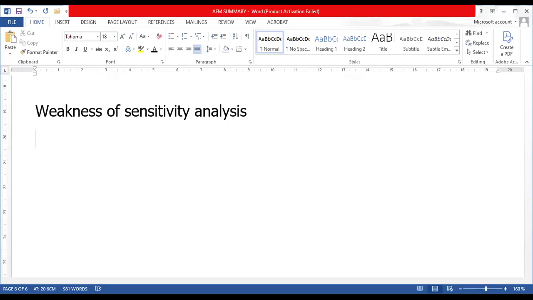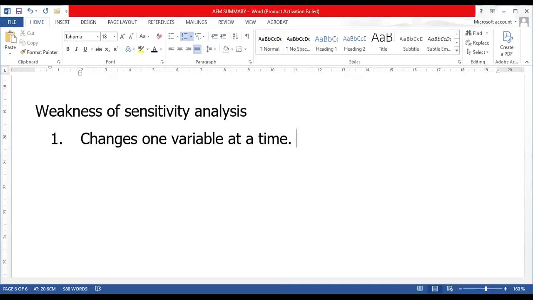You can get points from that. Number 1 is that it looks at changes. It focuses on changes in one variable at a time. It focuses on only one variable.